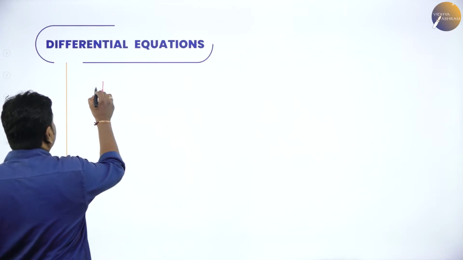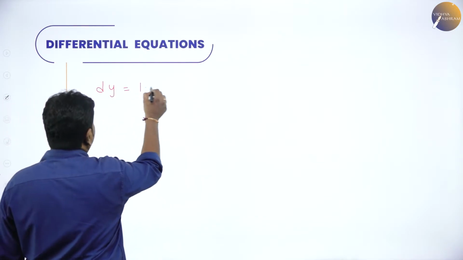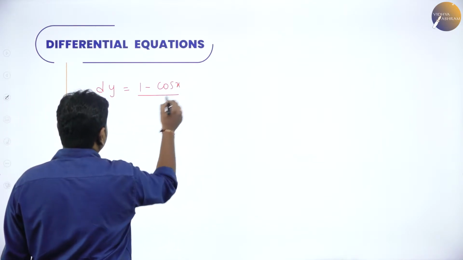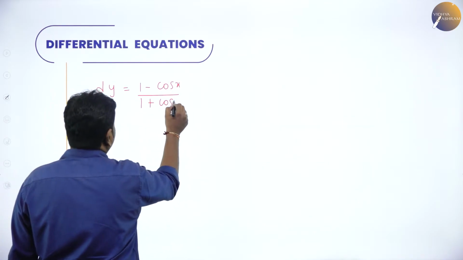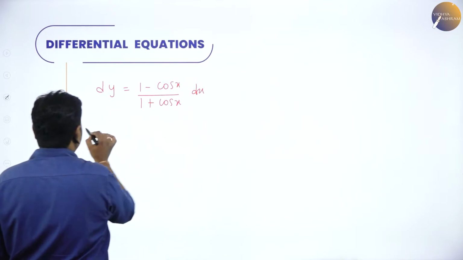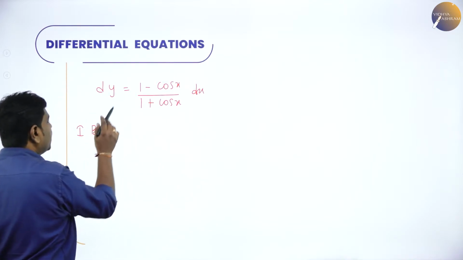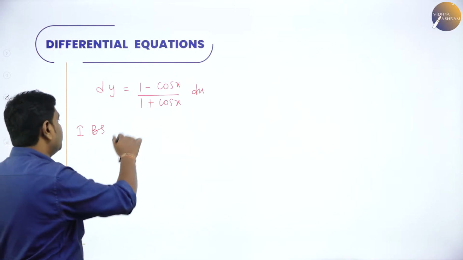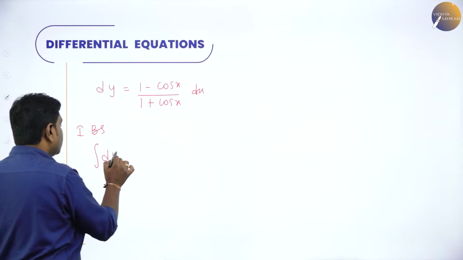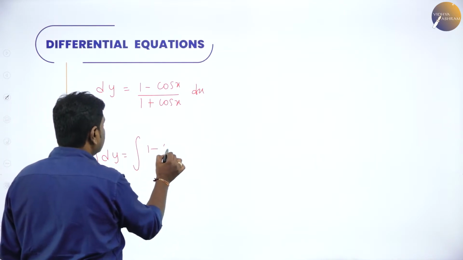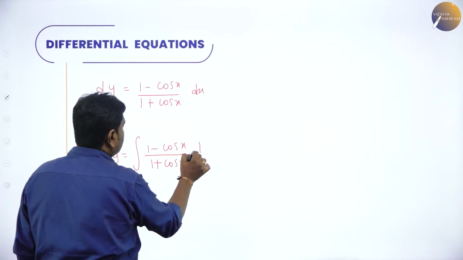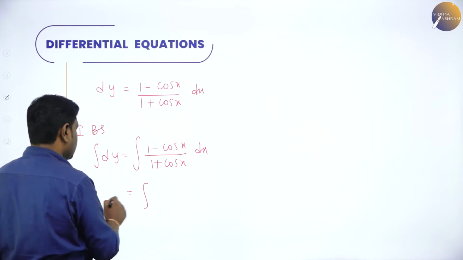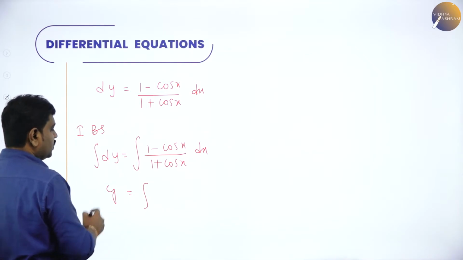So now we have dy is equal to 1 minus cos x by 1 plus cos x dx. So integrate both sides. Now variable separable, separated the variables. So integration of dy is equal to integration of 1 minus cos x by 1 plus cos x dx.